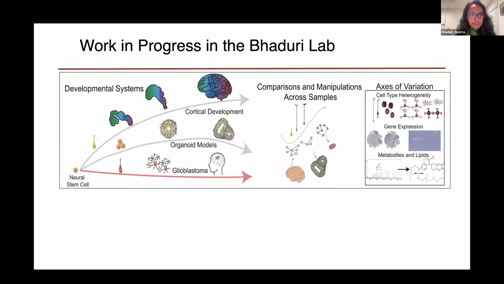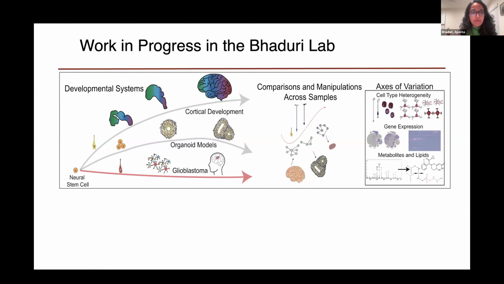Overall, my lab is really interested in understanding how neural stem cell fate specification occurs to give rise to the diversity of cell types that exist in the adult human brain, but also how they're reactivated in the context of glioblastoma. As much as possible, we try to anchor ourselves in primary samples and primary data sets because we do believe that ground truth really matters.